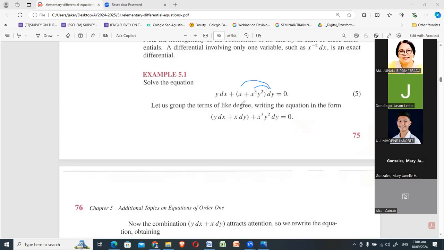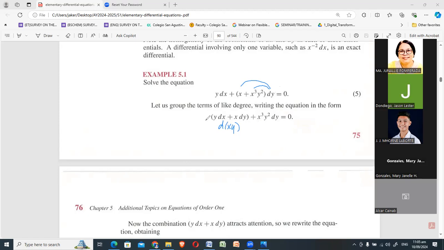After that, you regroup the terms that will produce the exact differentials that I have shown you a while ago. Your x dy here should be grouped together with y dx, because we know that this is the d of xy. So you have already partly accomplished converting y dx plus x dy to its equivalent exact differential.